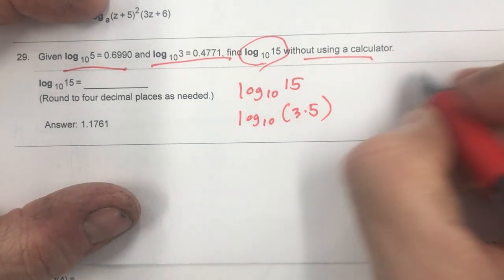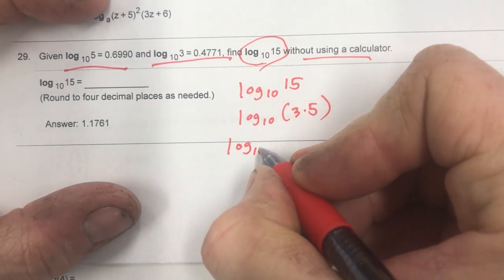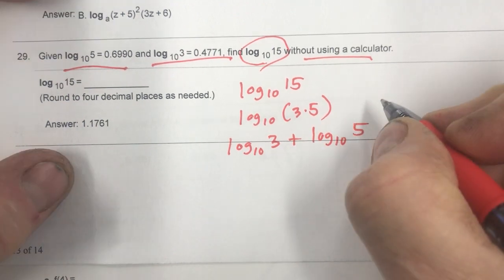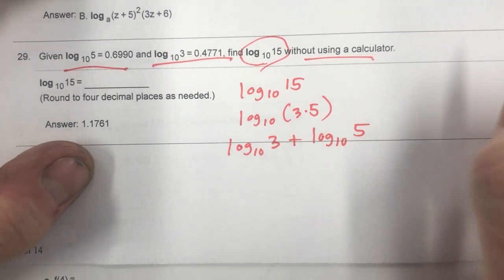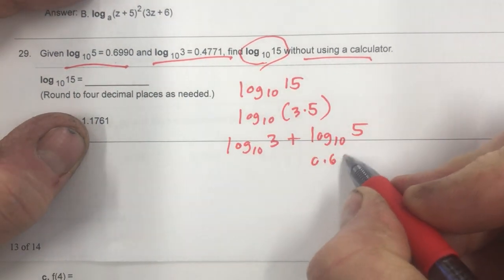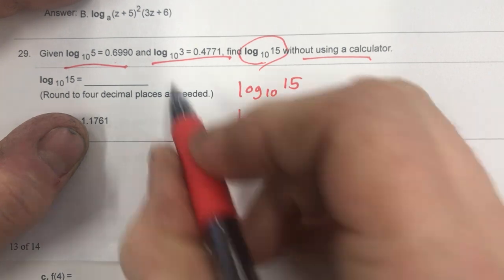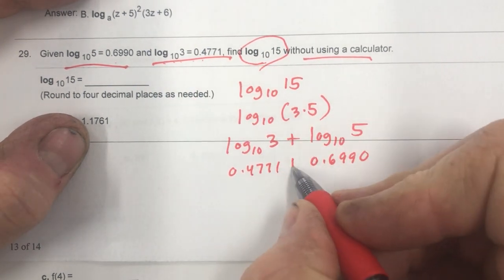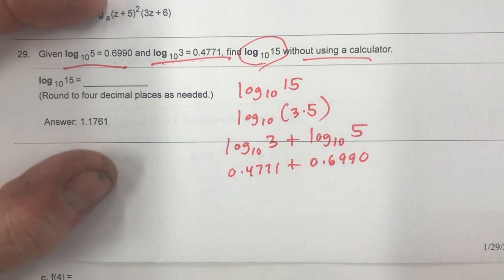Okay? And then using my properties, that's log base 10 of 3 plus log base 10 of 5. Okay? Well, it says log base 10 of 5 is this right here, 0.6990. Log base 10 of 3 is this right here, 0.4771. So I'm just going to add those two together.